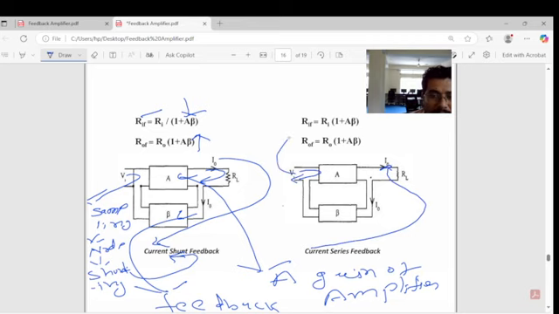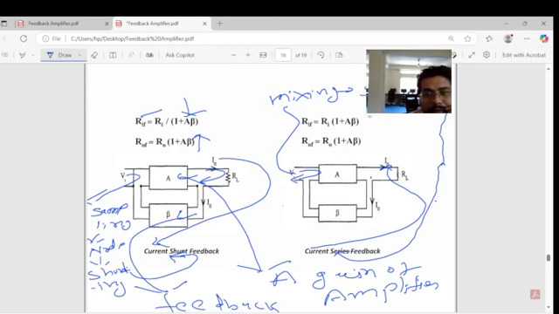Mixing means what? Mixing is done in series. So then we can write here in series.